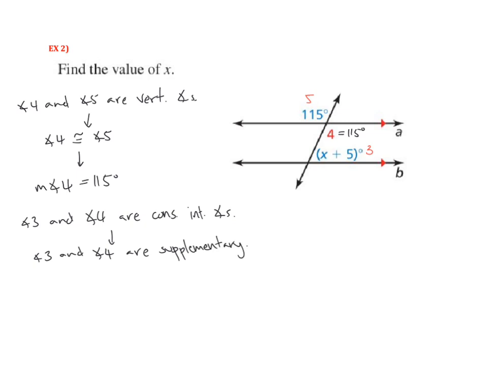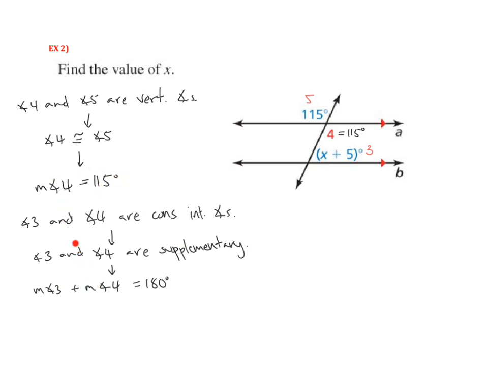This means that if I take the measure of angle 3 and add it with the measure of angle 4, this should give me 180 degrees. Now that I have an equation, all I need to do is substitute what I know.